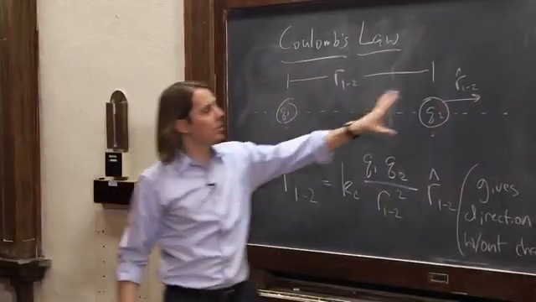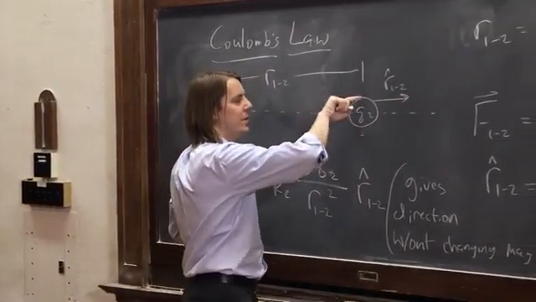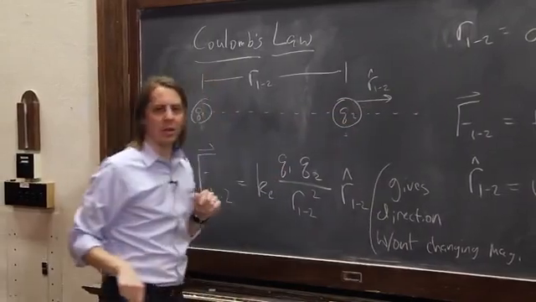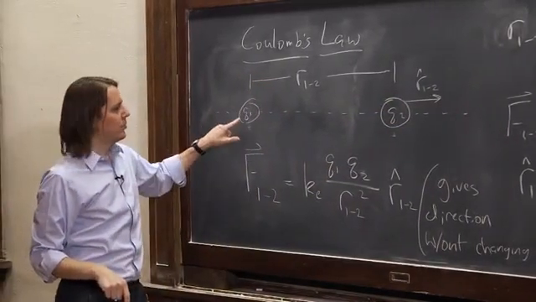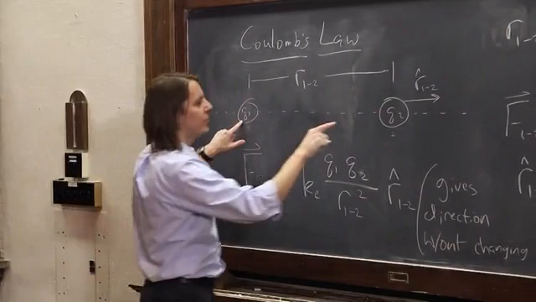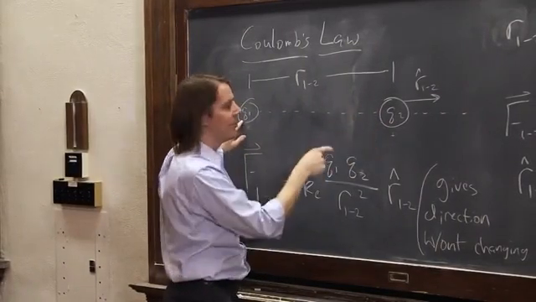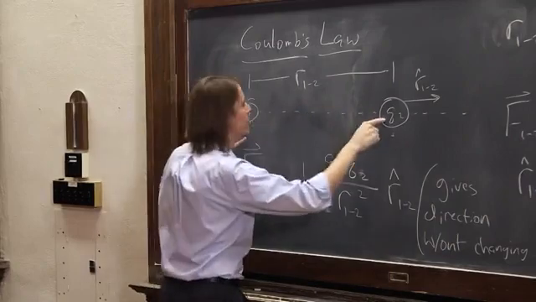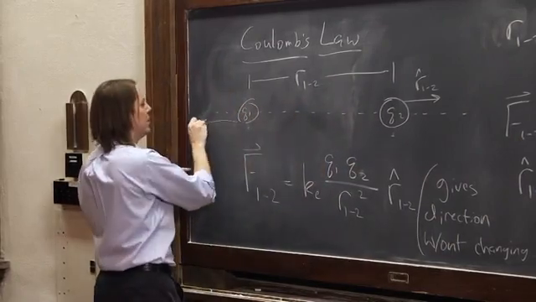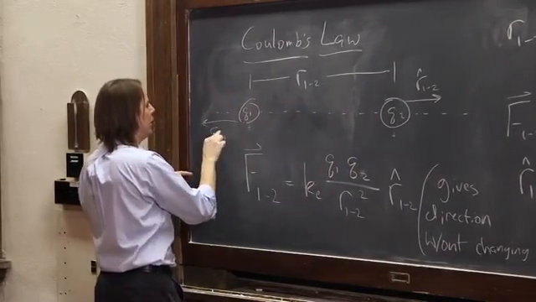So for that charge, it did work out. When they're both positive, you get a force that's pushing away. But what about this one? Well, this one, the force would be F21. You switch everything. The force this one experiences, the force 2 applies to this one, is this way. F21.